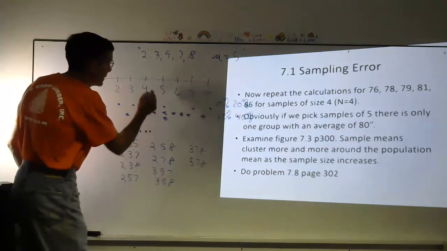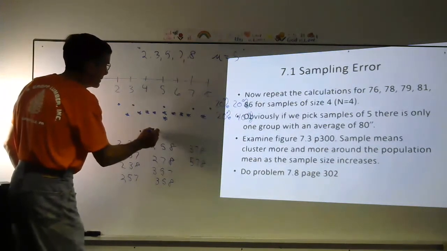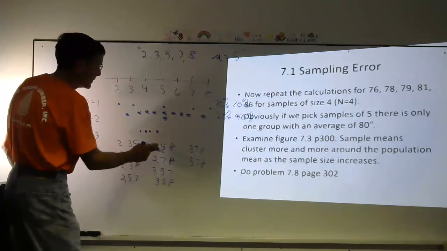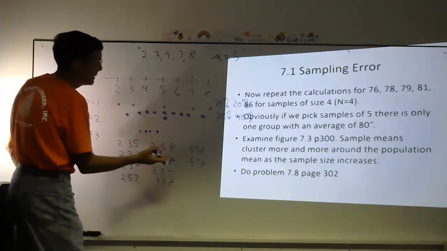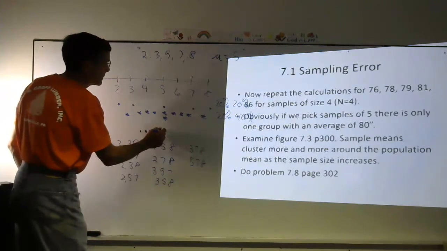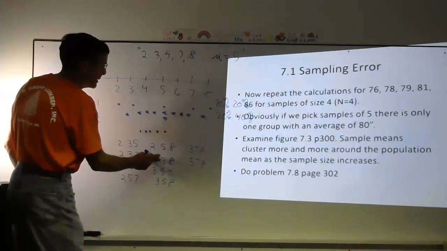There's our first one that's within half. 7 and 8 is 15 divided by 3 is 5. So we got one there in that range.